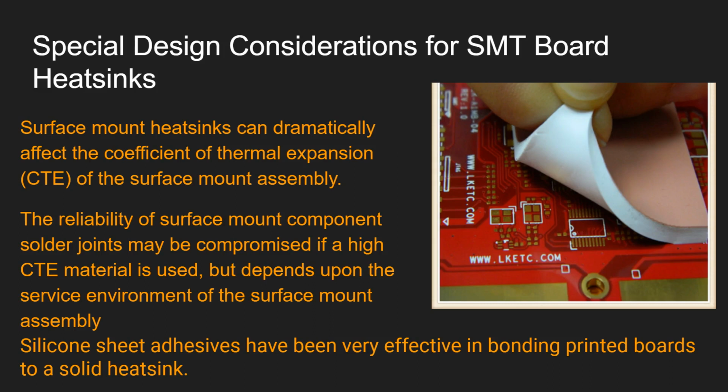Now this slide talks about considerations for SMT board heat sinks. Heat sinks used in surface mount technology applications are either built within the printed board, typically a copper layer laminated in the printed board, or are a solid plate that has a surface mount printed board bonded to one or both sides of the PCB.